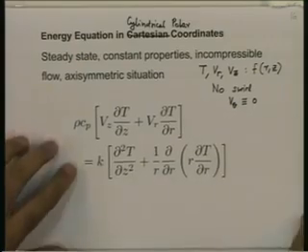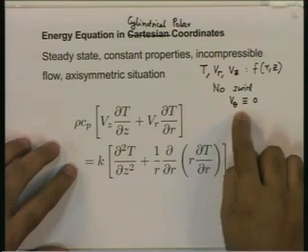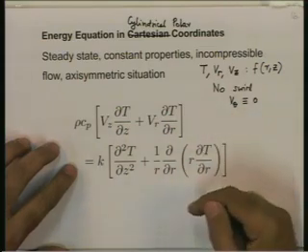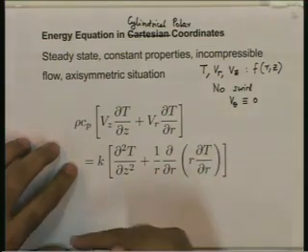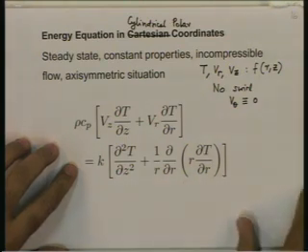In case of a swirl situation, you will have to consider non-zero V theta, and appropriate terms will enter not only in the momentum equation and continuity equation, but even in the energy equation.